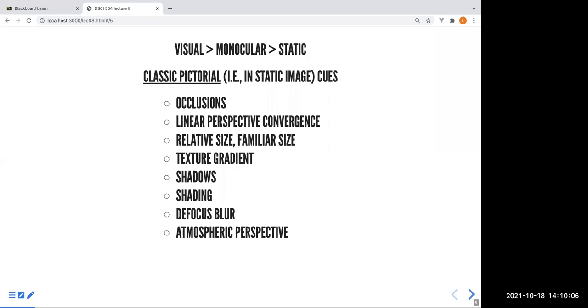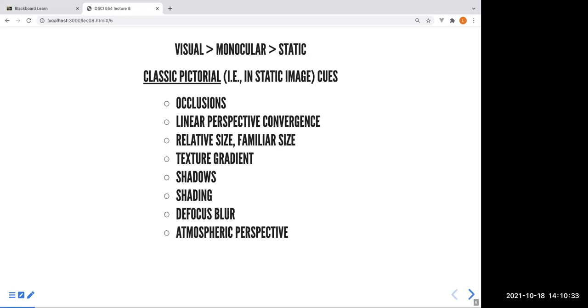All the rest of the slides here have to do with the thing that we're mostly interested in. That is, how do you understand depth information using visual cues from either static or animation cues that are in the picture.